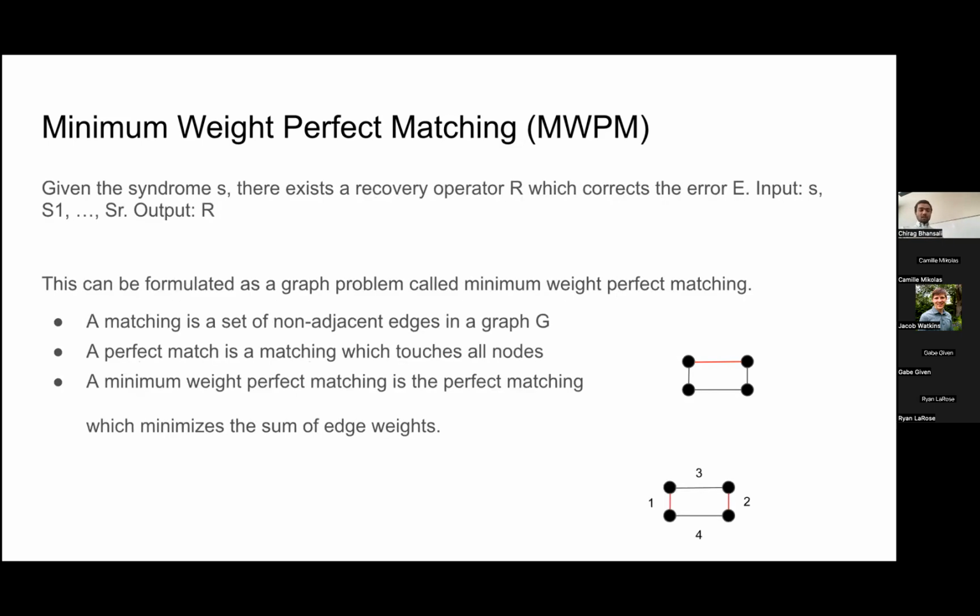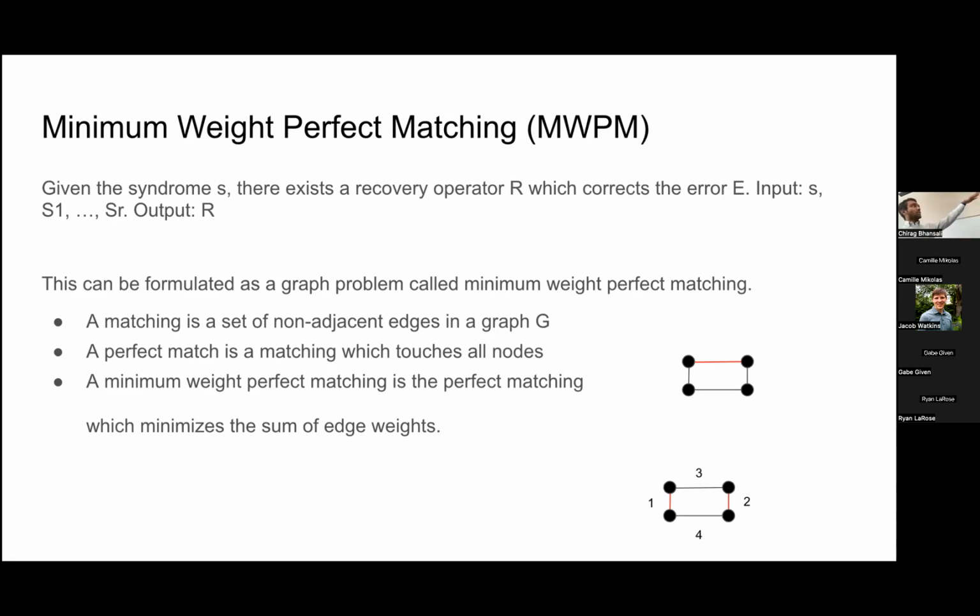Now, a minimum weight perfect matching is the perfect matching which minimizes the sum of the edge weights. Here I'm arbitrarily assigning weights to each of these edges. Let's say the ones on the left and right have 1 and 2, and the ones on the top and bottom have 3 and 4. So the minimum weight perfect matching would be the vertical ones in this example.